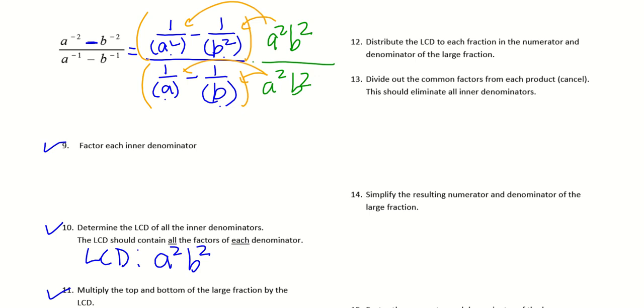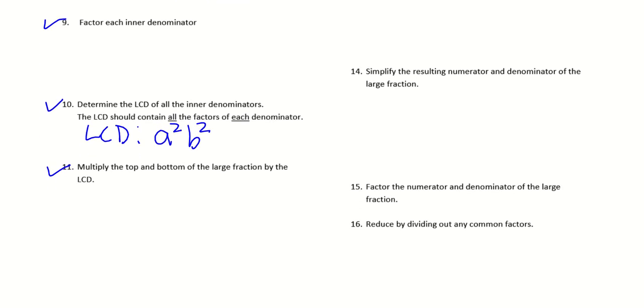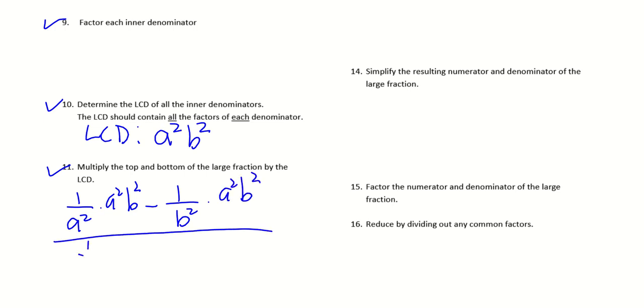So that gives me 1 over a squared times a squared b squared minus 1 over b squared times a squared b squared all over 1 over a times a squared b squared minus 1 over b times a squared b squared.